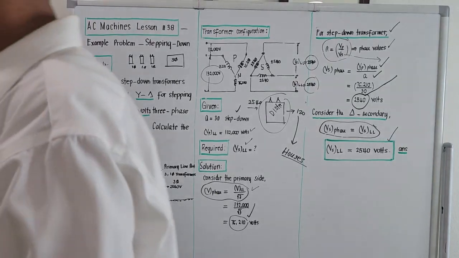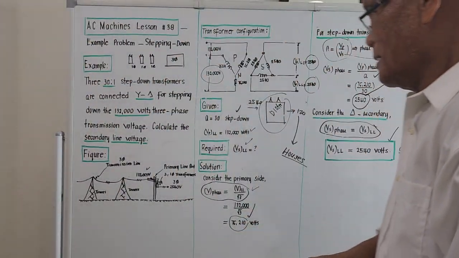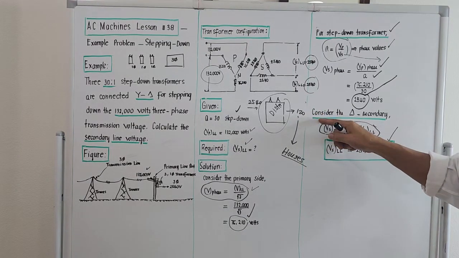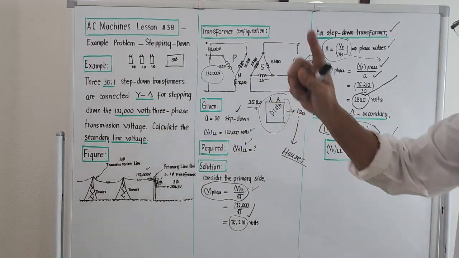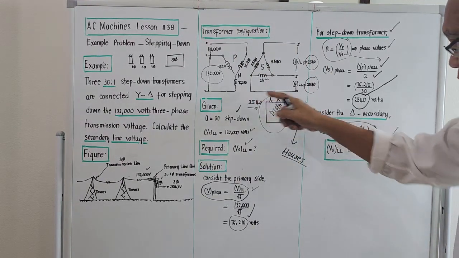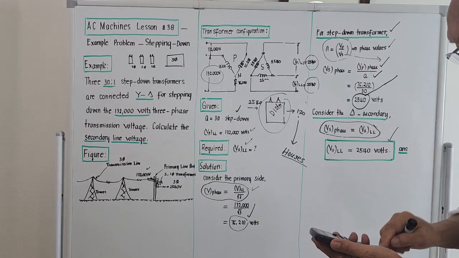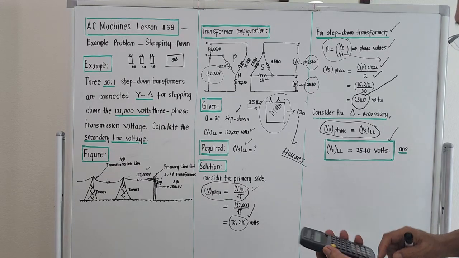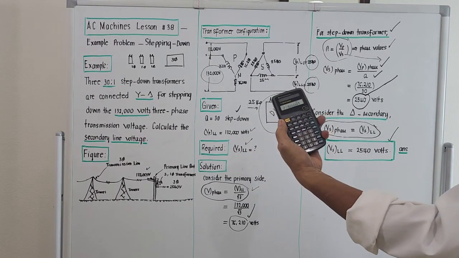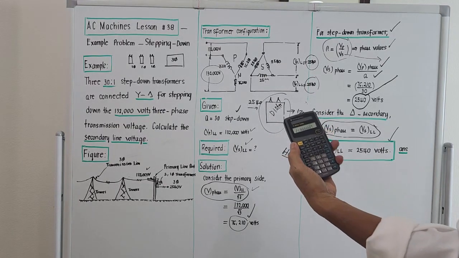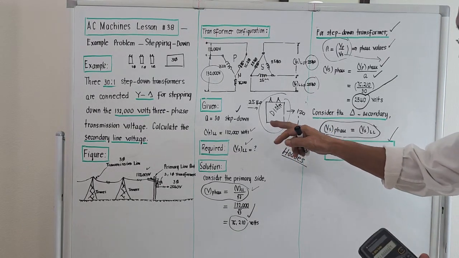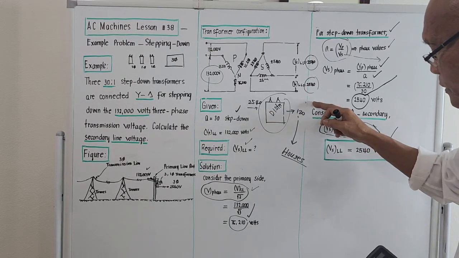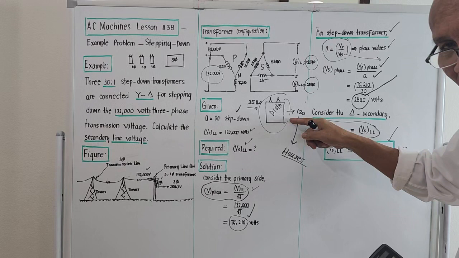If you try to order a transformer and you want the output to be 120, if the input is 2540, what will be the ratio of transformation? You just divide this to here. 2540 divided by 120 equals, the ratio of transformation is almost 22. Meaning to say, there will be 22 turns here, and for it to be 120, there will be one turn over here.